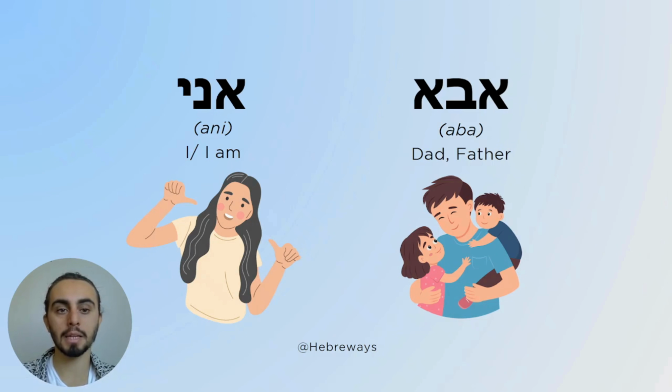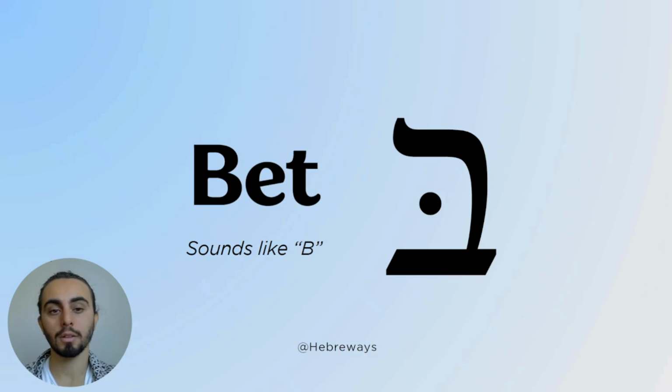Abba means dad or father, and it starts with Aleph. On the left, we have the word Ani. Ani means I or I am. Abba, Ani. They both make an A sound. Moving on to the next letter.